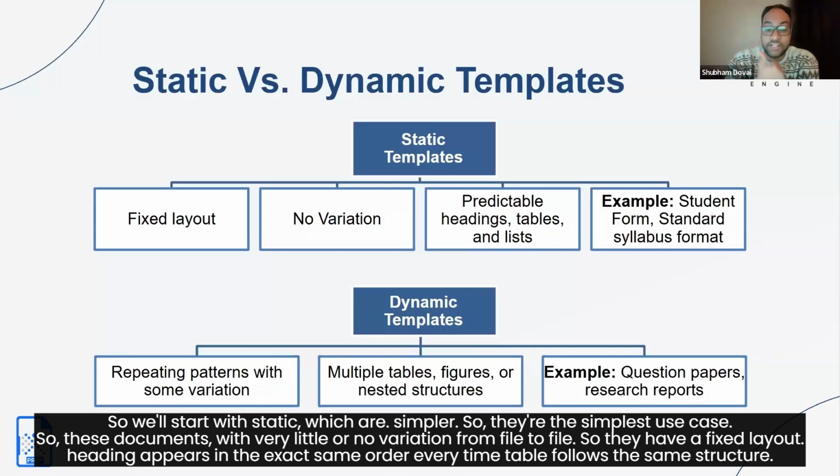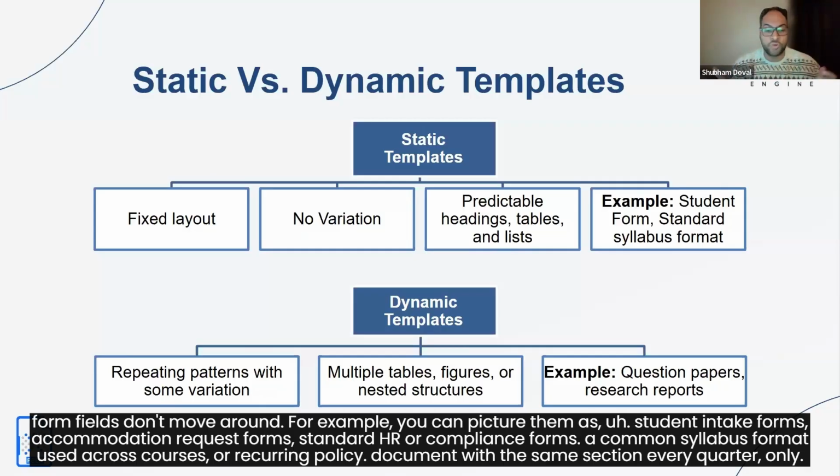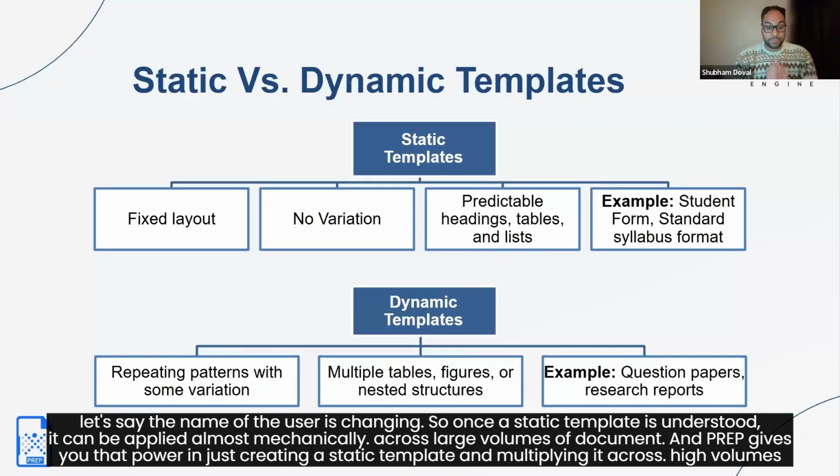They have a fixed layout. Headings appear in the exact same order every time. Tables follow the same structure. Form fields don't move around. For example, student intake forms, accommodation request forms, standard HR or compliance forms, a common syllabus format used across courses, or a recurring policy document with the same sections every quarter, where only the name of the user changes.